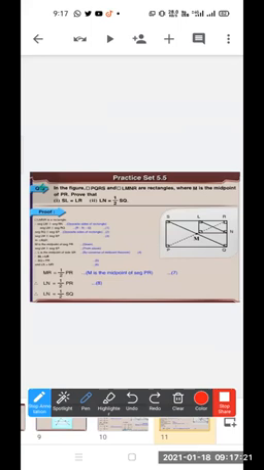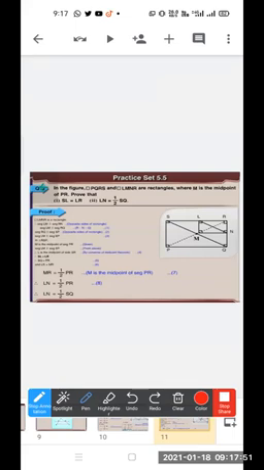Now see, children, what is given? Quadrilateral LMNR is a rectangle. What are the properties of a rectangle? Opposite sides of a rectangle are parallel.